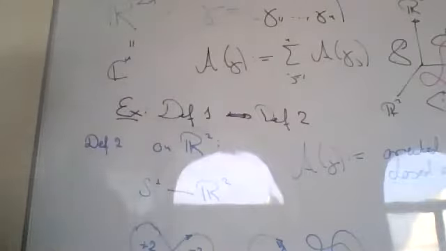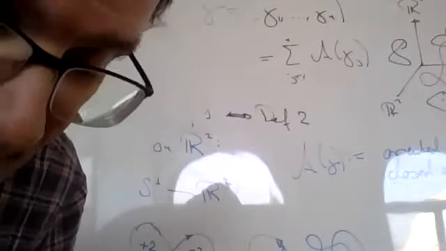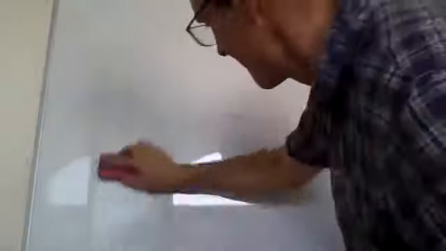Okay, so this is a symplectic structure. And now an exercise for you: how do you generalize this to arbitrary manifolds? The exercise goes like this.